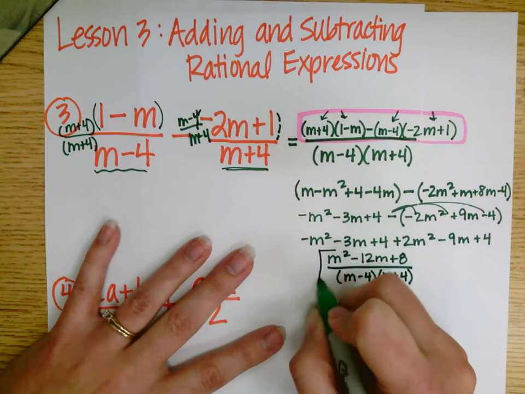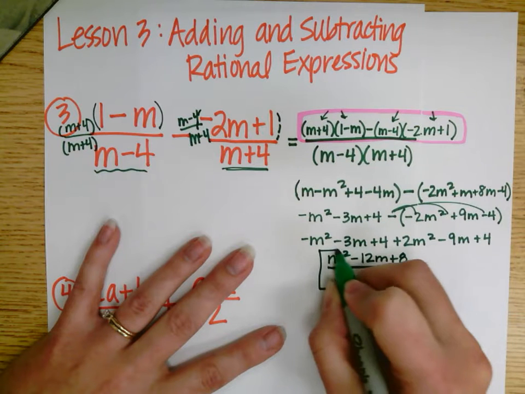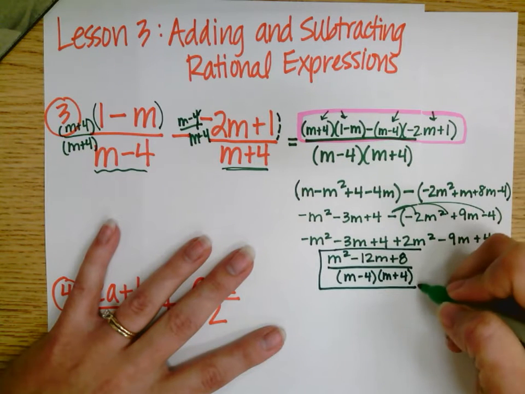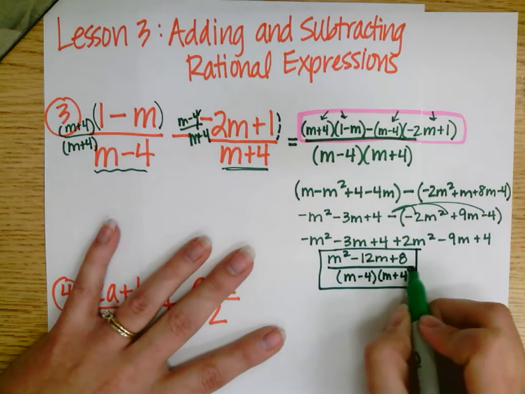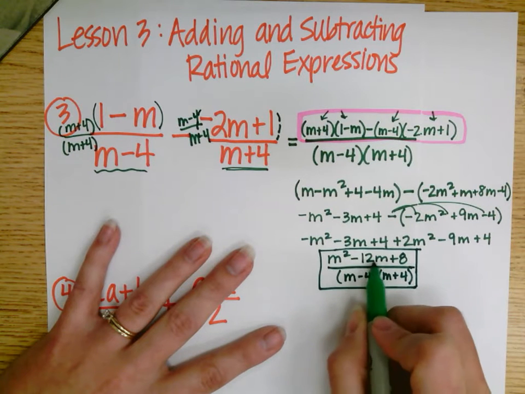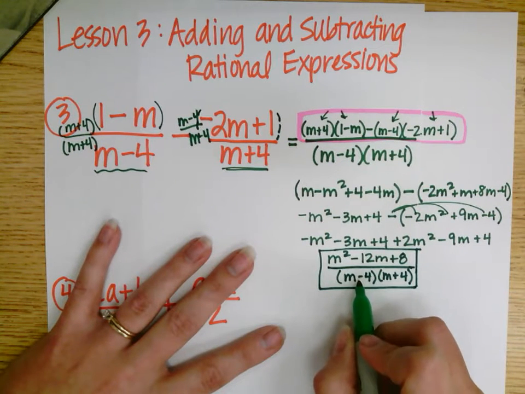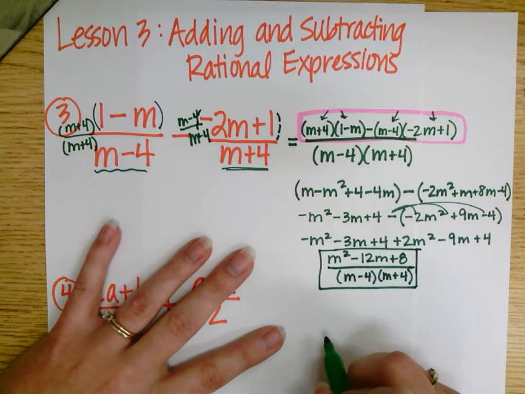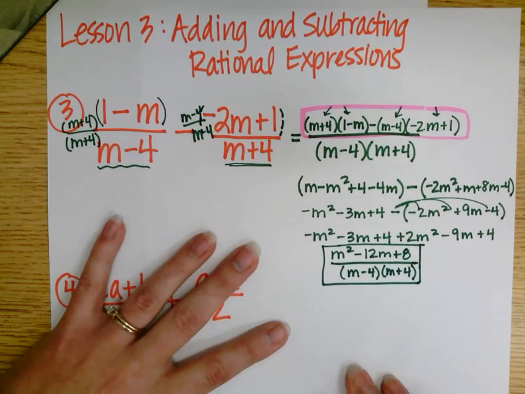It's possible nothing cancels. But there's our answer to example number 3. If we could simplify this, we would. Right now it's not factorable, but that's our answer. We subtracted some rational expressions and got them in one fraction.